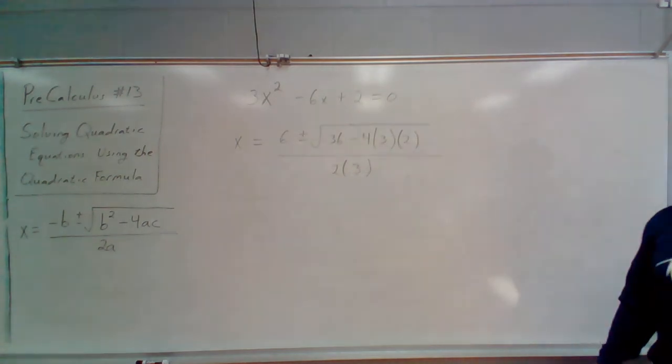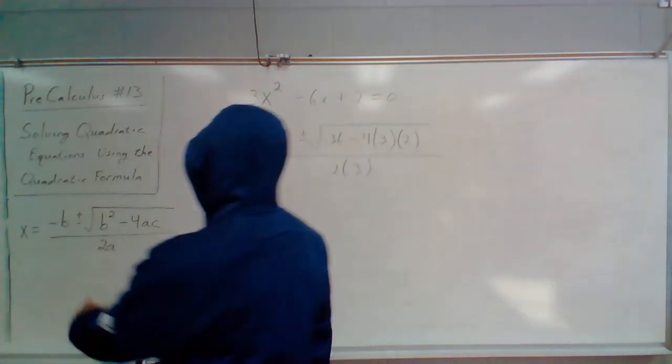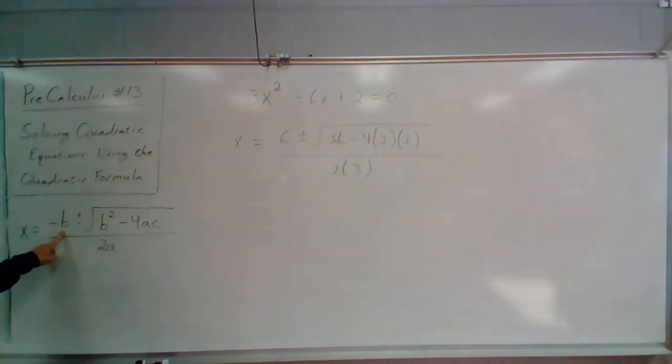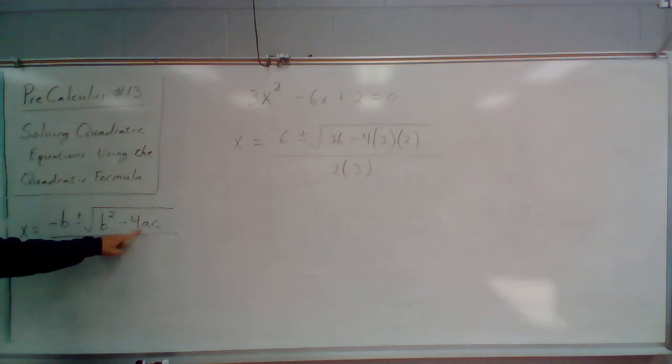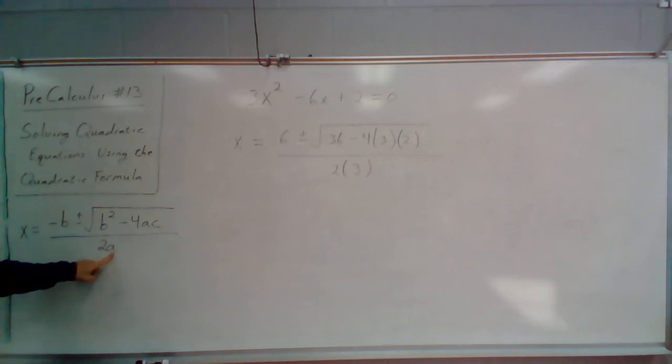Okay, so double check all that. X equals opposite of b, so that's 6, plus or minus the square root of b squared, that would be 36, minus 4 times a, which is 3, times c, which is 2, all over 2 times a, which is 3.